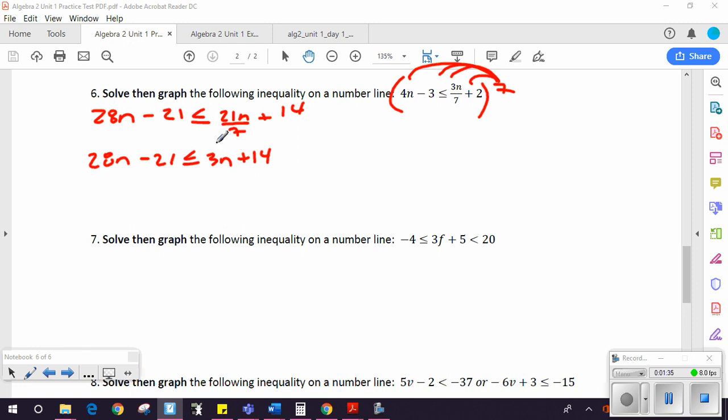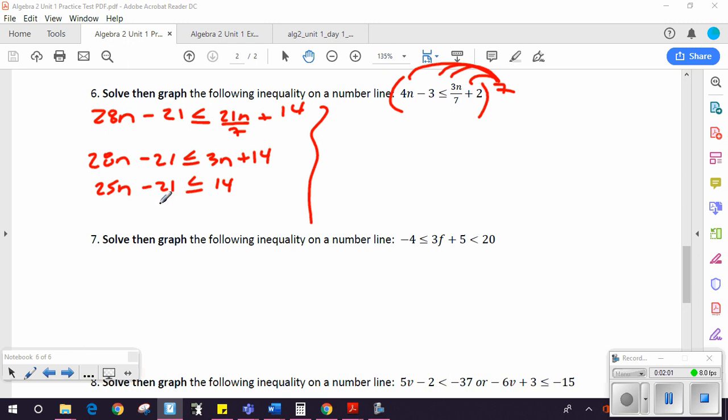Now we don't have any fractions. So now what I would do is take 3n and subtract it from 28n, which would give me 25n minus 21 is less than or equal to 14.